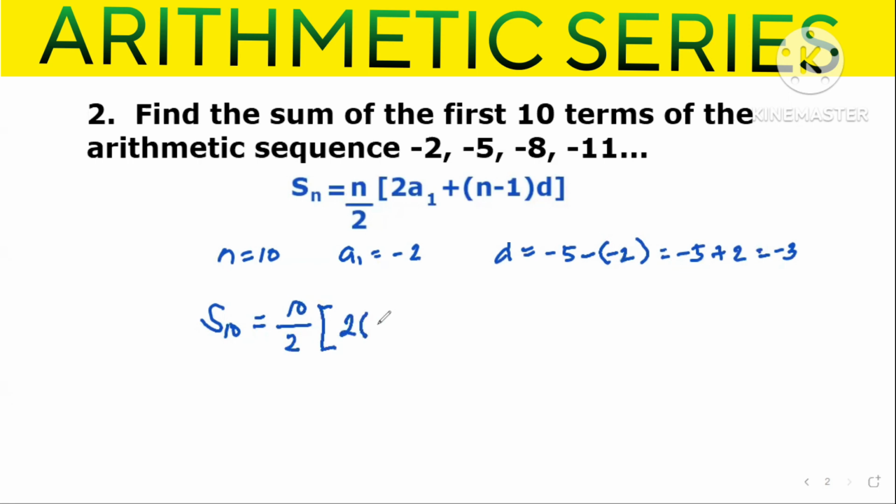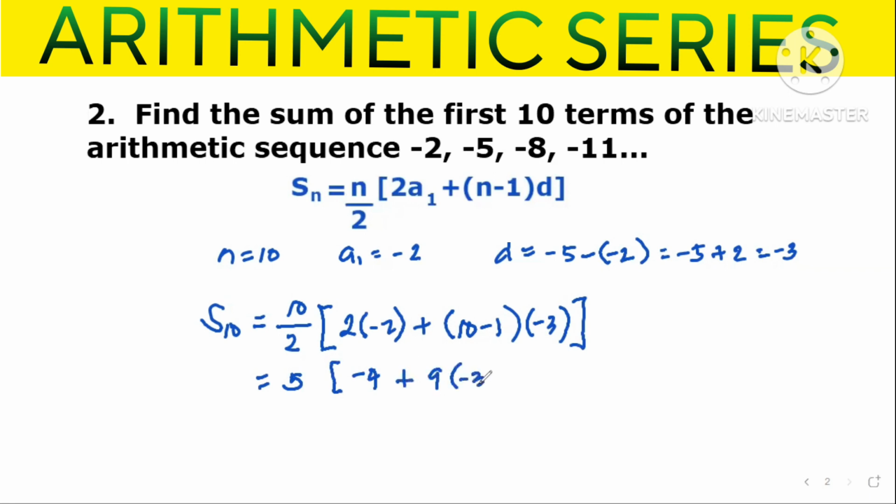So, substituting the given values, we have S sub 10 is equal to 10 over 2. 2 times A sub 1, which is negative 2, plus 10 minus 1 times d. So, since 10 over 2 is equal to 5, 2 times negative 2 is negative 4. 10 minus 1 is 9 times negative 3.